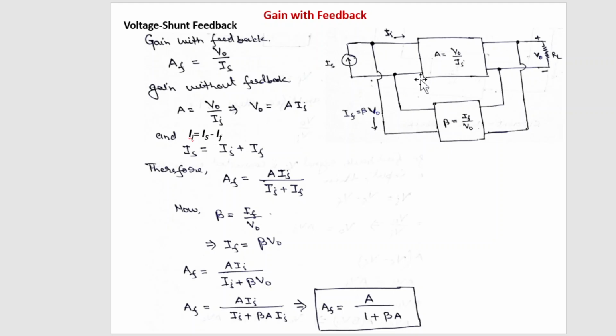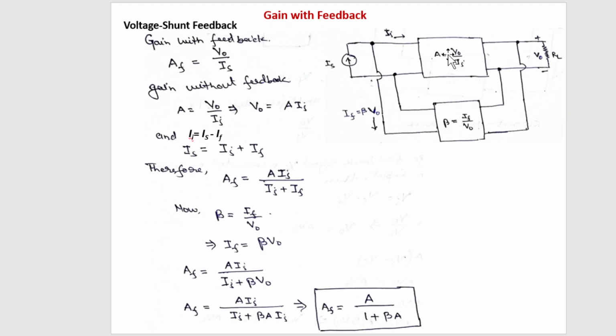At the amplifier stage, the gain is output signal upon input signal, that is output voltage upon input current, VO upon II.